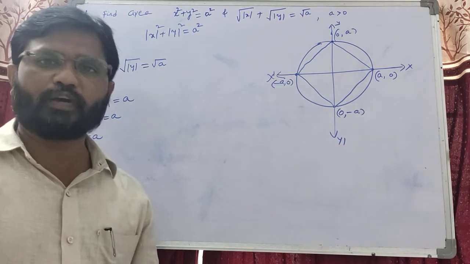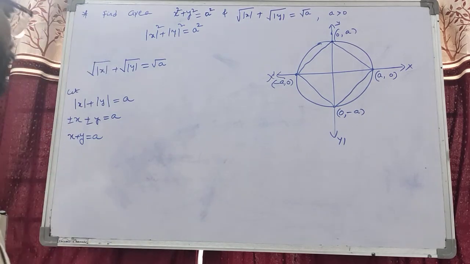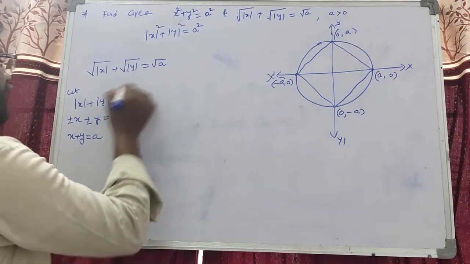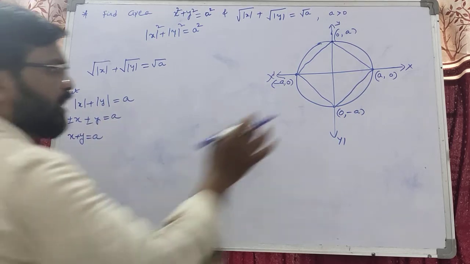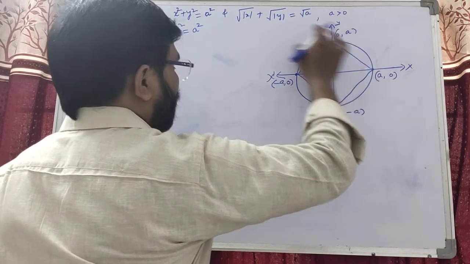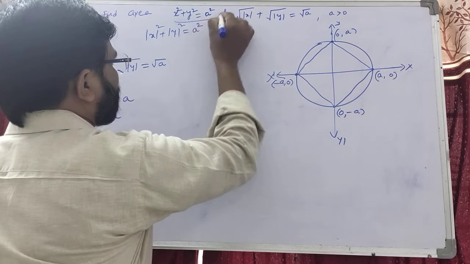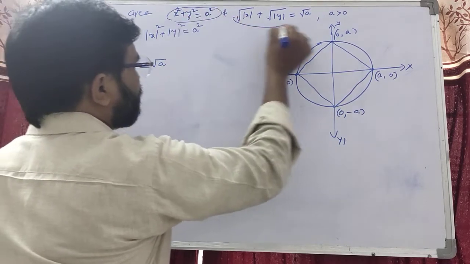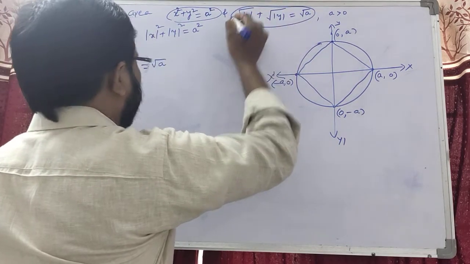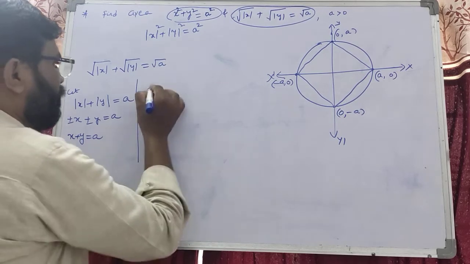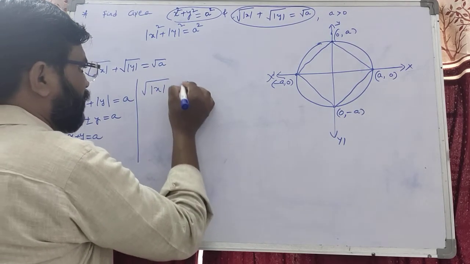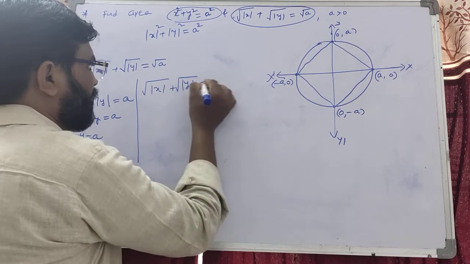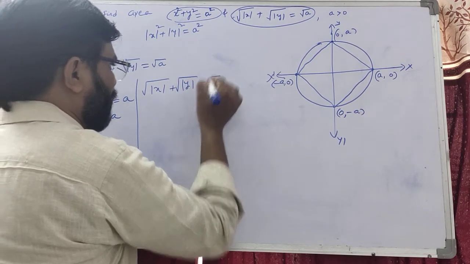This is a square. Okay students, here it is given that we don't have to find the area of this line and this curve, but we have to find the area of this curve and this curve. How to find the area, students? Here root of mod x plus root of mod y is given as root of a.